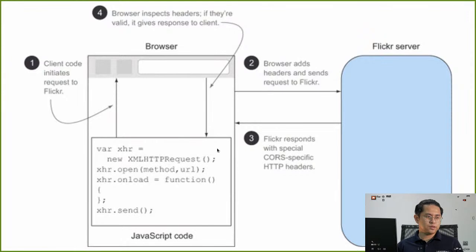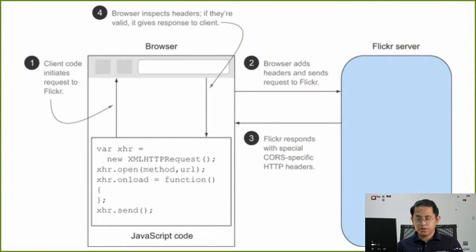So first, in number one, the CORS request is initiated by the JavaScript client. So it's initiating the code, your code.